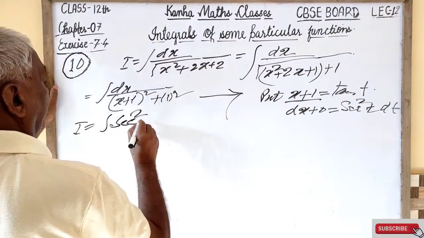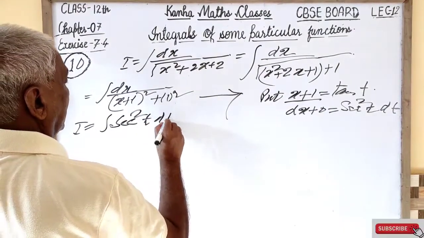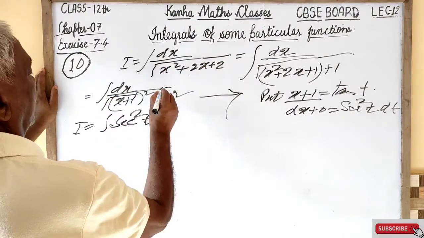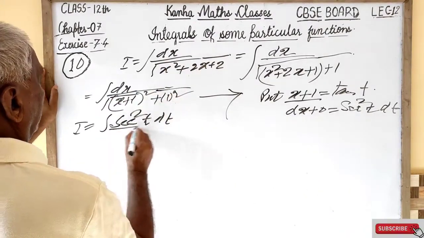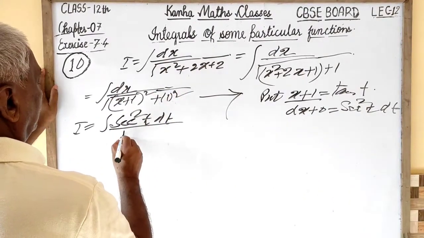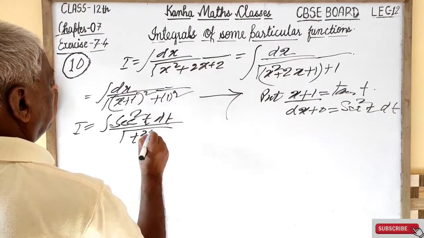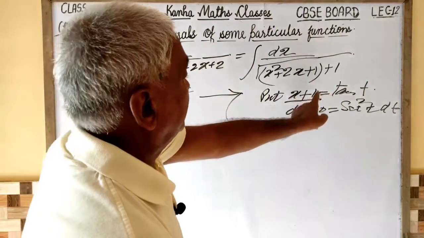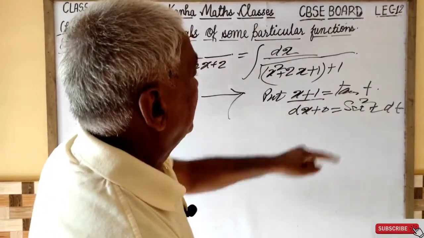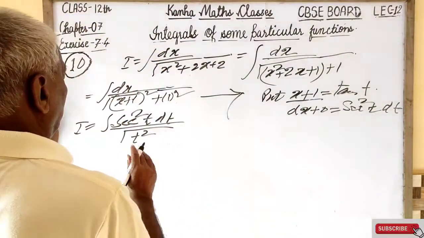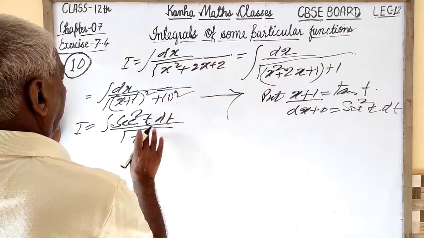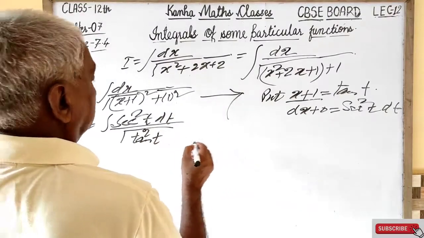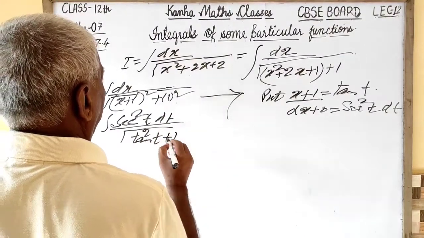Sec square t dt, and now in the denominator we have x plus 1 whole square, substituted x plus 1 as tan t. This will be tan square t, plus 1.